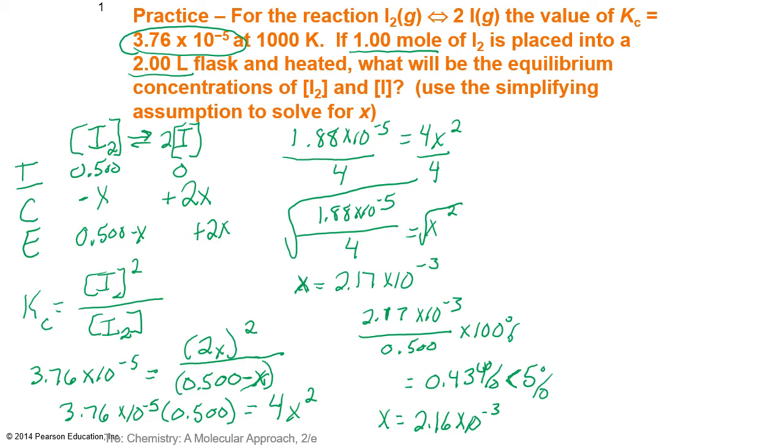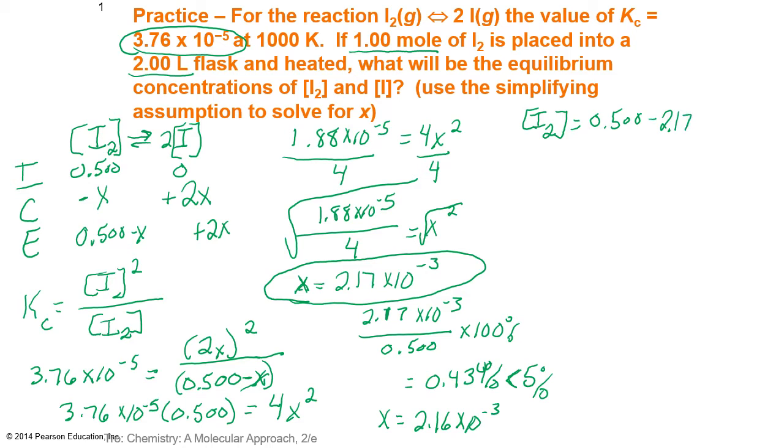Okay, now let's figure out what our concentrations are going to be. So if our x is equal to 2.17 times 10 to the minus 3rd, we're going to substitute it back in to our equilibrium concentrations. So for our I2, it's going to be 0.500 minus our x. And we find that that concentration is 0.498 molar.